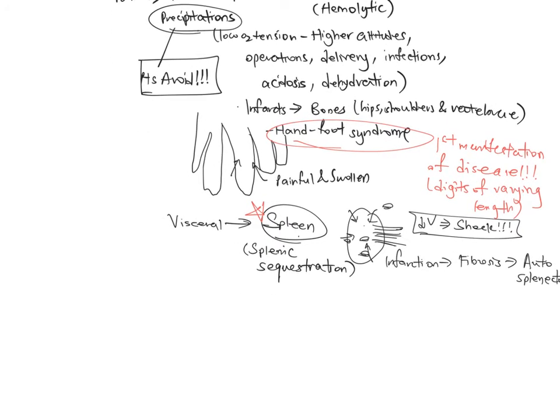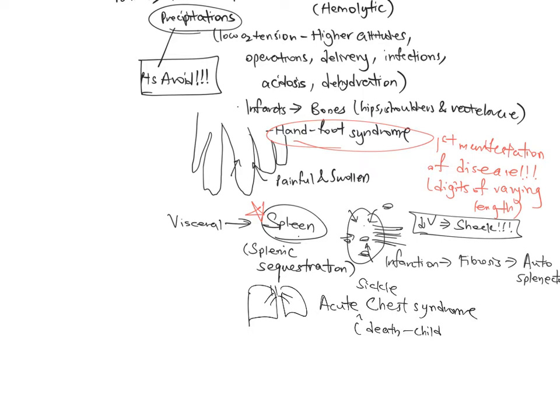Another organ that could be affected is the lungs, and this could result in the acute sickle chest syndrome, and it's one of the most common causes of death in both children and adults.